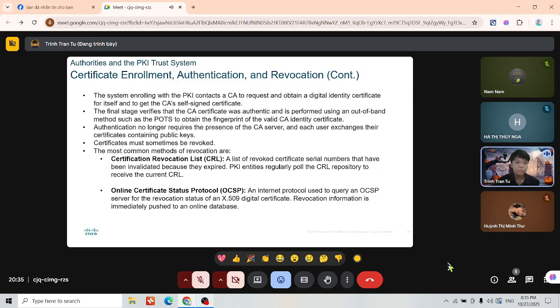Just like when a credit card is confiscated, the system must notify everyone that the certificate is no longer valid.